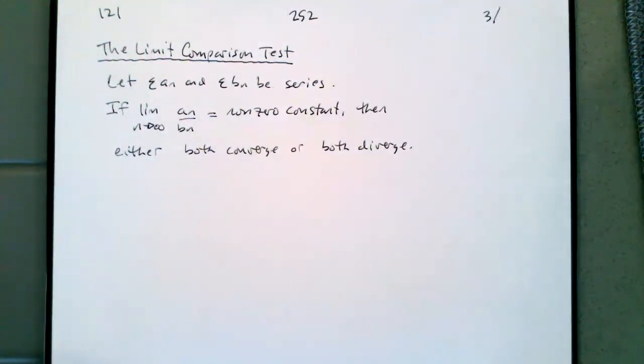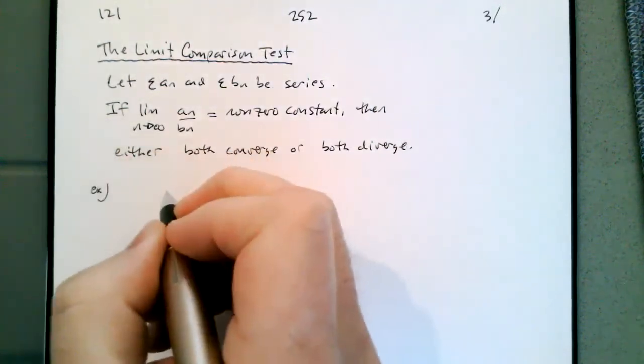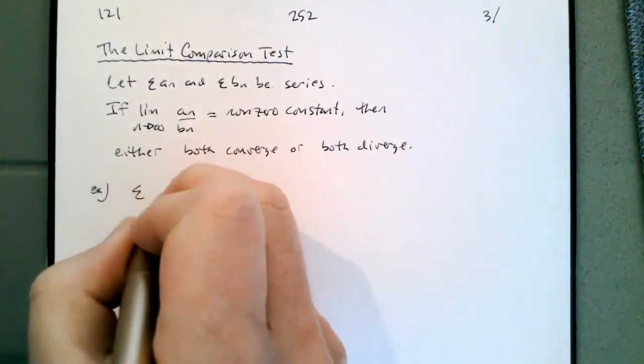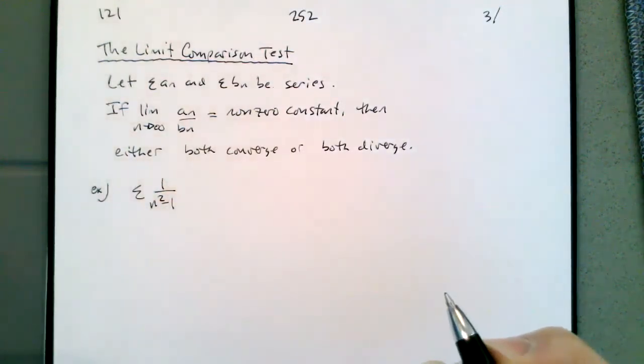So for example, if we have the series 1 over n squared minus 1, when we look at the important pieces, we see 1 over n squared.